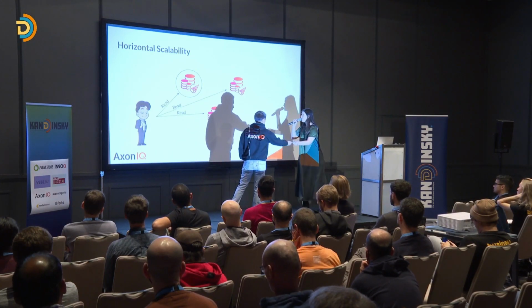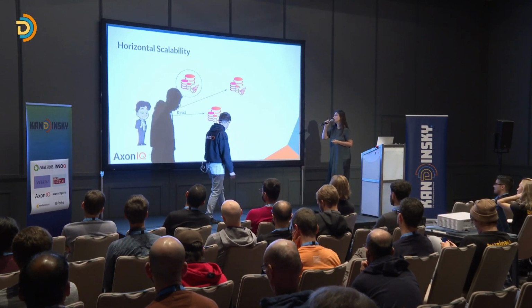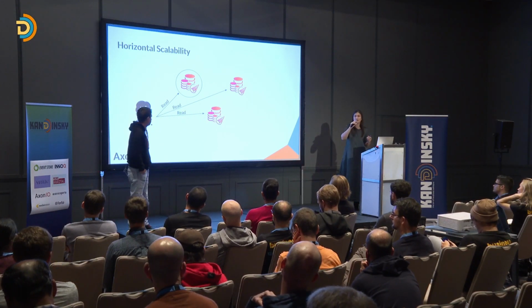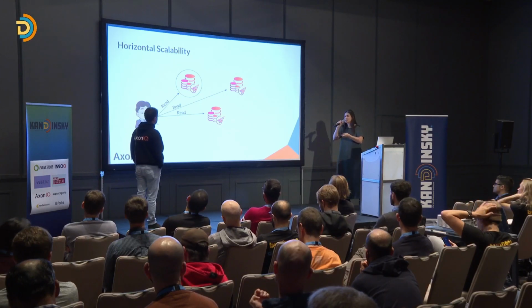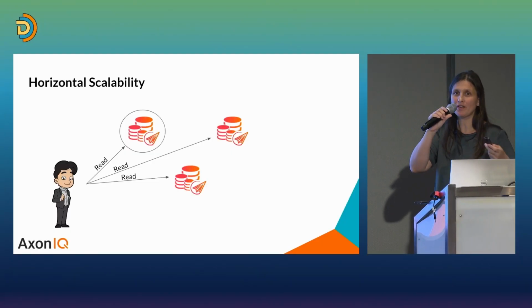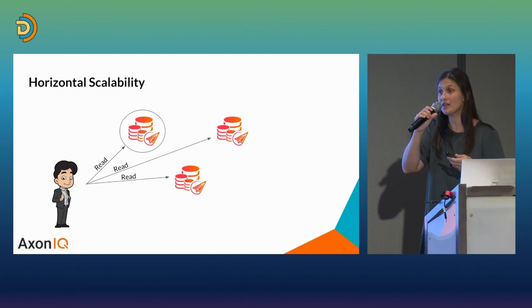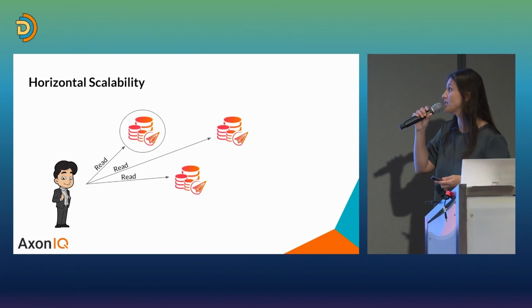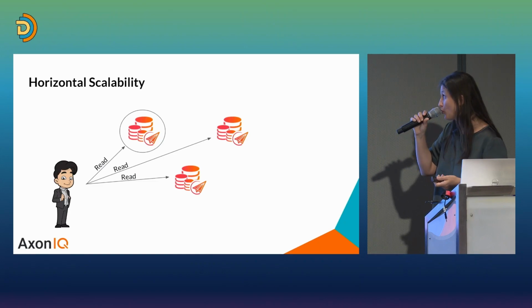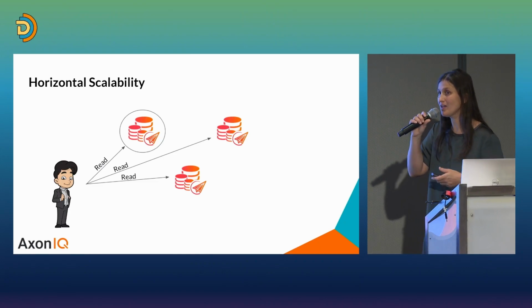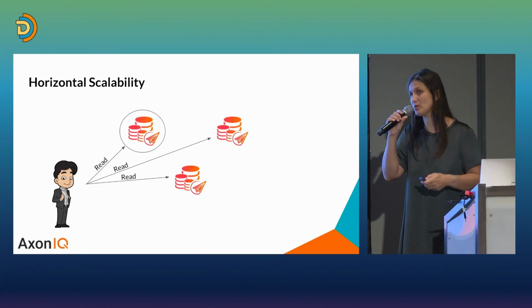Horizontal scalability. As we said, if we have multiple instances that contain a replica of the same data, you can take advantage of these instances in order to parallelize the reading operation and speed up your system. Unfortunately, if you are using, for example, like us, the Raft protocol, this doesn't work for writing operations.